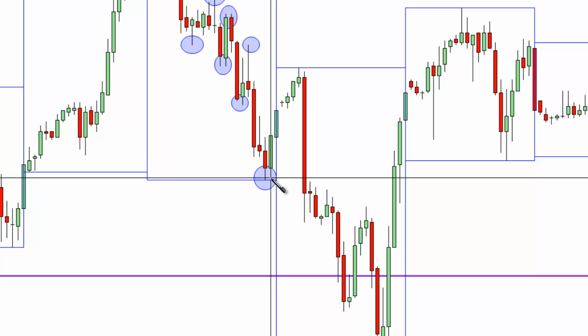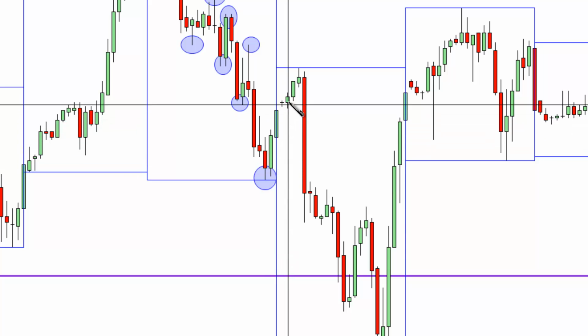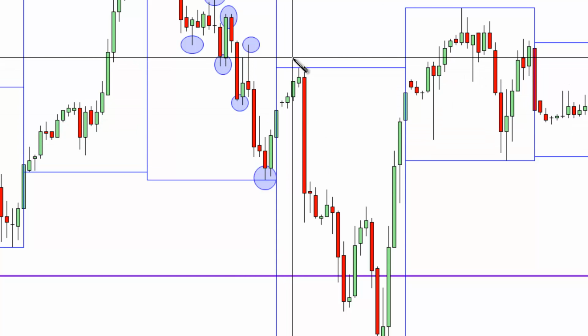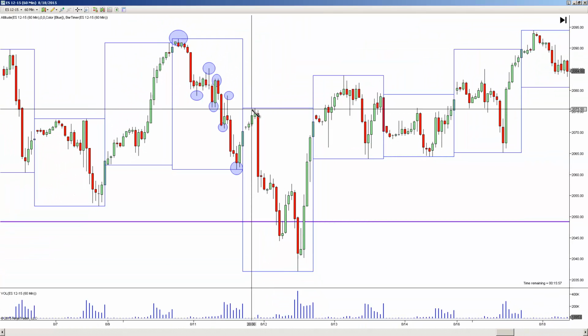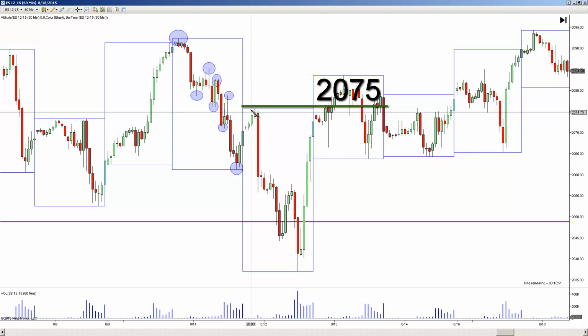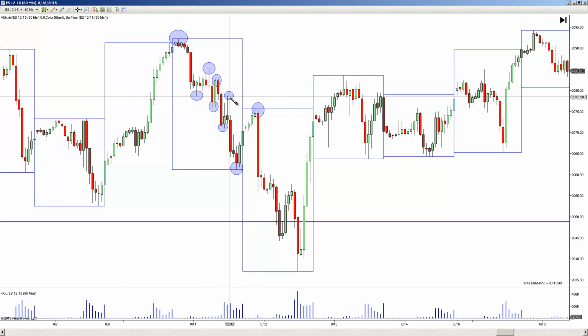Now here you see a more substantial rally from the bulls. They push the market back up again, but because they've gotten hit so hard, even though they do move the market up to a peak of 2075, from a low of 2061, it still doesn't break the previous high right here.